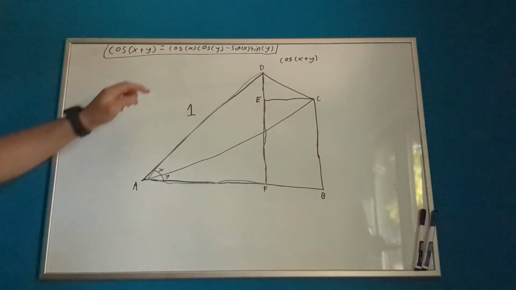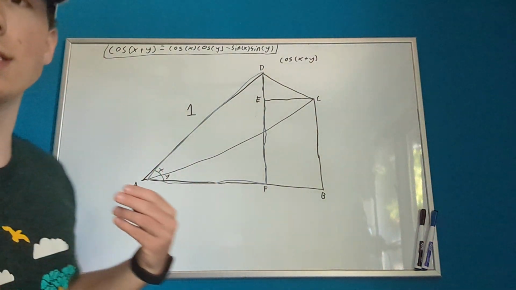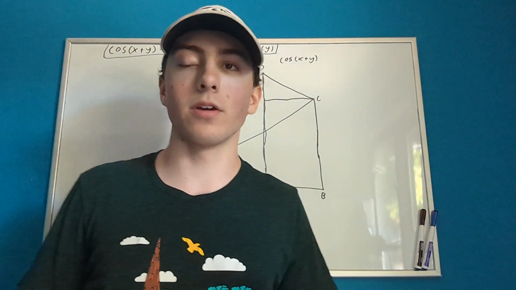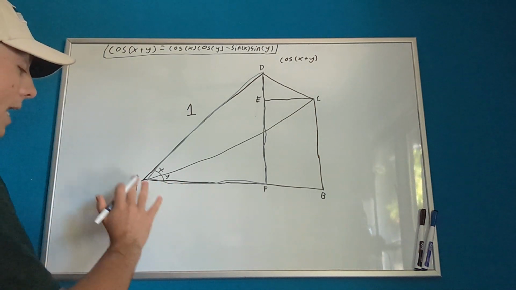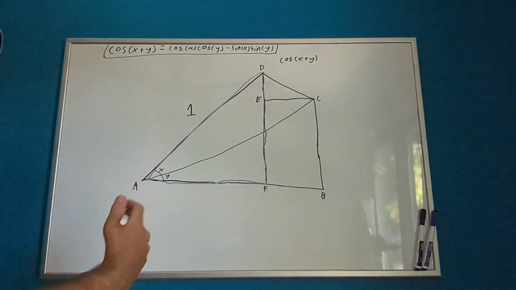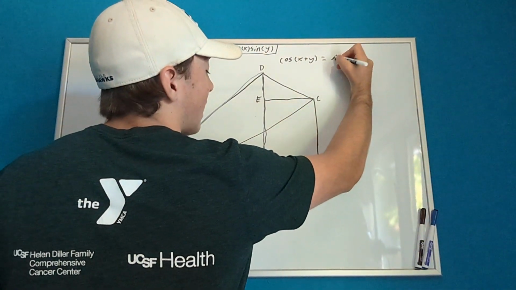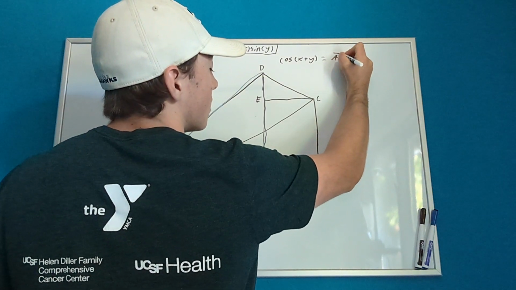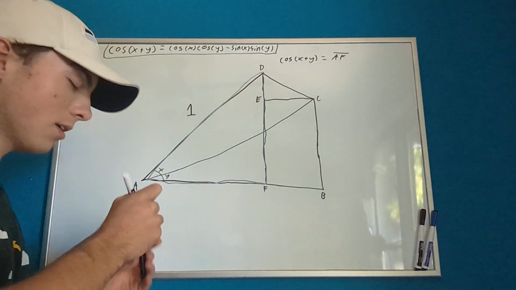This has an angle of x plus y, and cosine is adjacent over hypotenuse. In this case, the adjacent is line segment AF, and the hypotenuse is 1. So we can say cosine of x plus y is equal to line segment AF, and we don't need to include the 1 because that just cancels out.